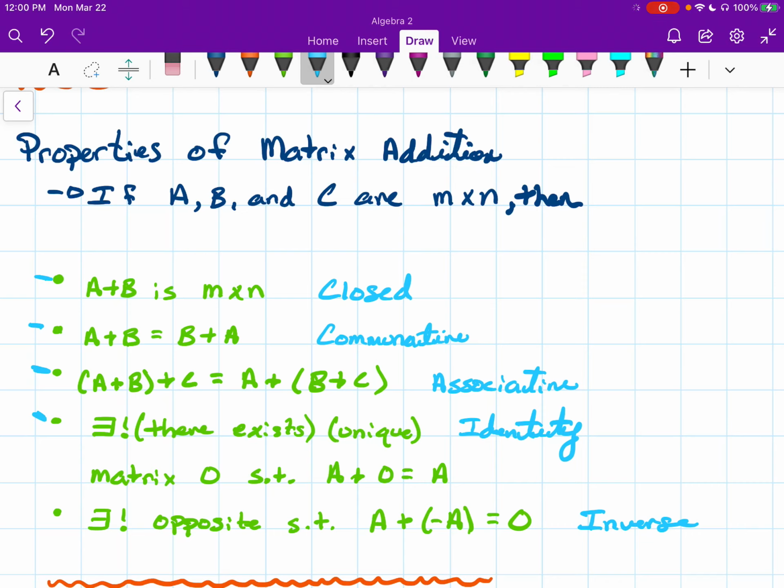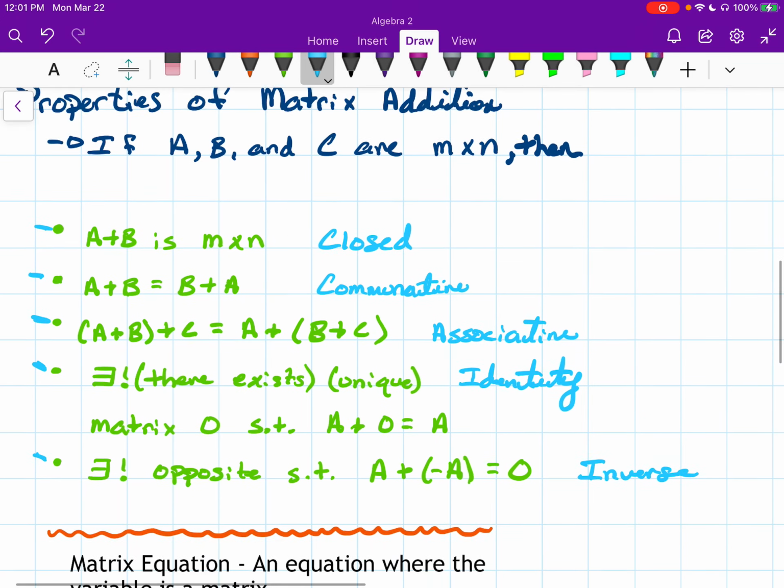And then there also exists a unique opposite matrix, such that A plus negative A gives us 0, and that's talking about our inverse. These are all rules that we know from regular addition. As we go on, whenever we get to multiplication, it might be a little bit different. But this works for here.